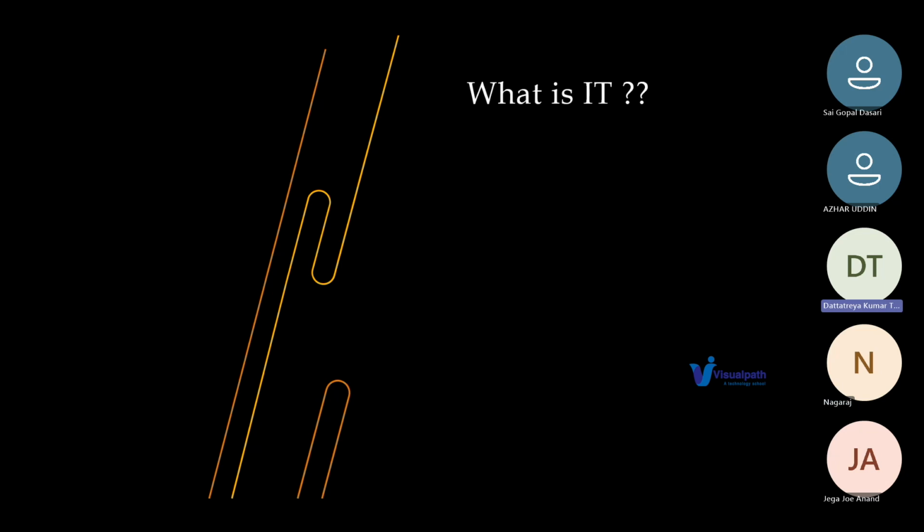I can categorize the operations that are being carried out in IT in two ways. First one is, using the information, IT people or the IT industry will sell the technology. I'll repeat it again: using the information, IT people will sell the technology. Here, the information can be any sort of information related to the business.